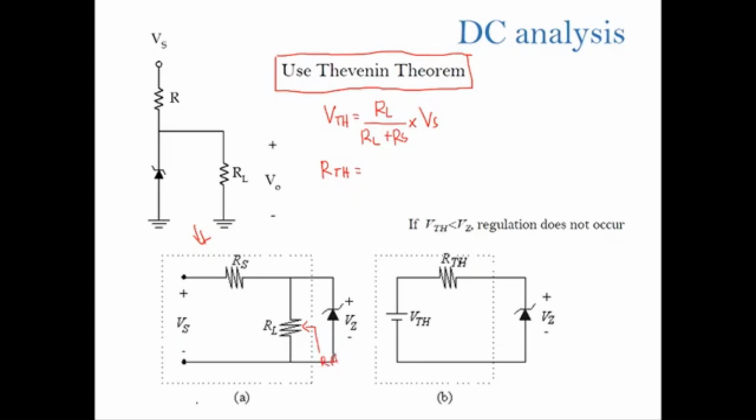From this point RL and RS are in parallel, so the equation is RS times RL over RS plus RL. So this is the general equation that will be used when you are using the Thevenin theorem.